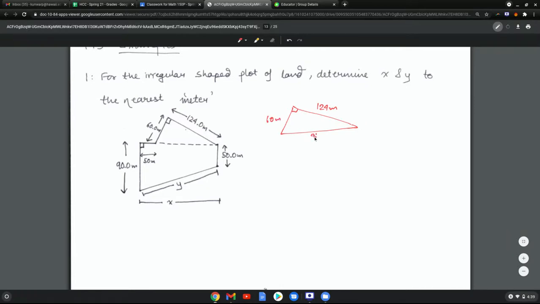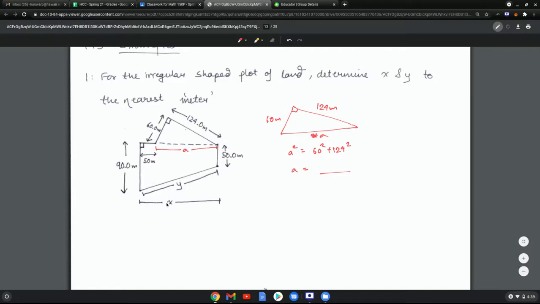Let's say I call this A. Then I know A squared is 60 squared plus 124 squared. And I can find the value for A, which gives me this length. Now what? How can I use that to find X and Y?